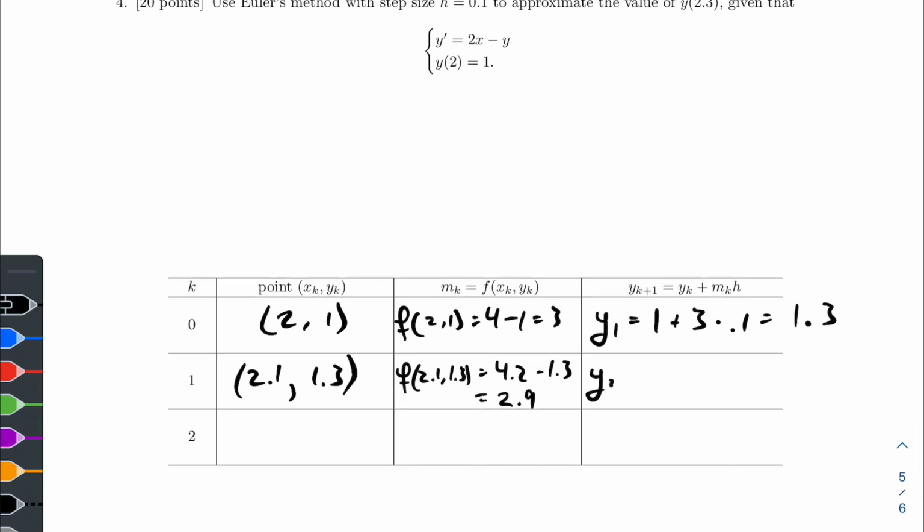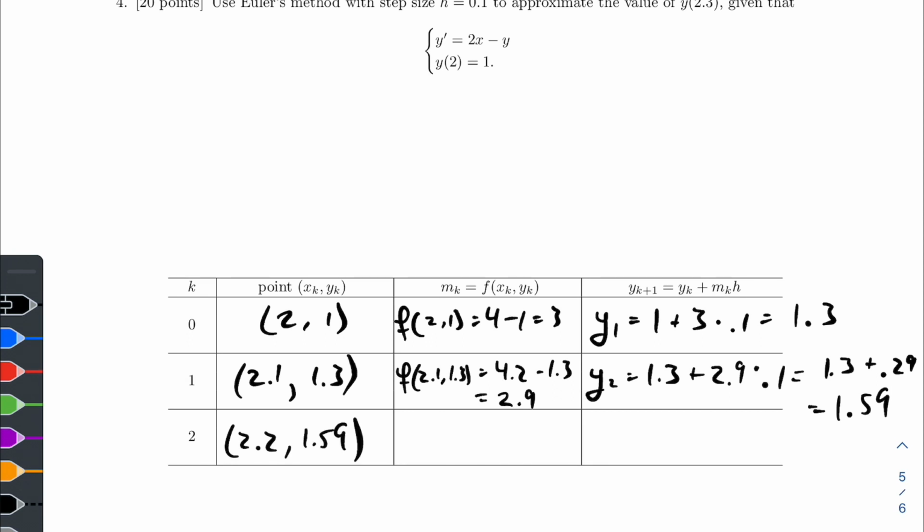Okay, so y sub 2 is going to be previous y value, 1.3, plus slope times step size, 0.1. So this is 1.3 plus 0.29. Remember, multiplying by 0.1 just moves the decimal over, so we can just do this. So this would be 1.59. So the next x value just goes up by 0.1, and new y value is 1.59.